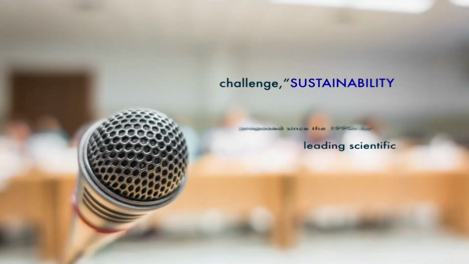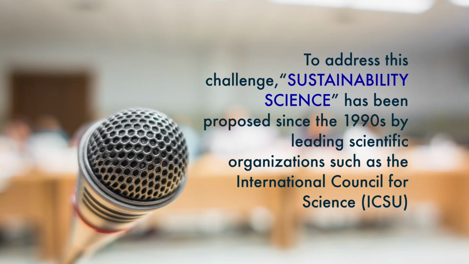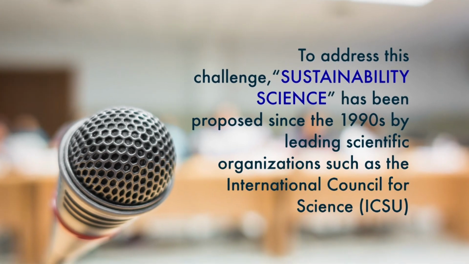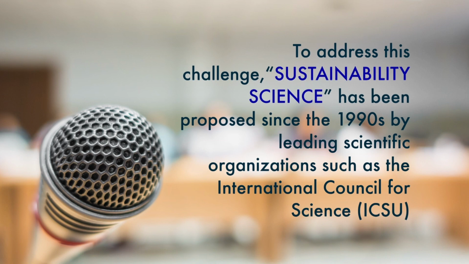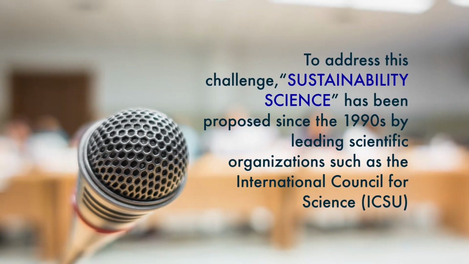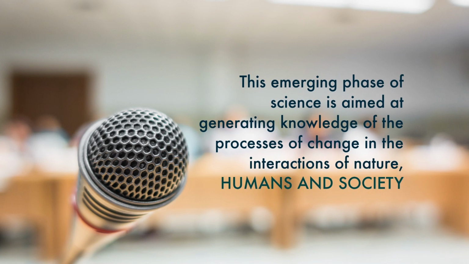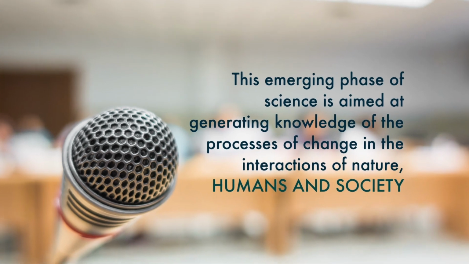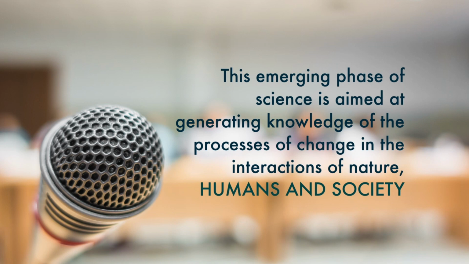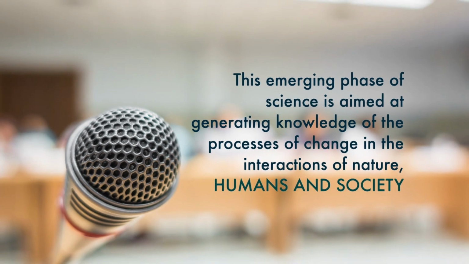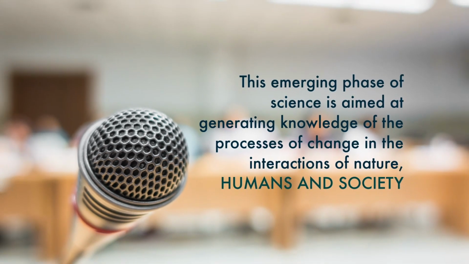So to address all these challenges, sustainability science has been proposed, as I mentioned, in the 1990s by the International Council for Science. This emergent phase of science basically aimed at generating knowledge of the processes of change in the interaction of nature, human, and society.